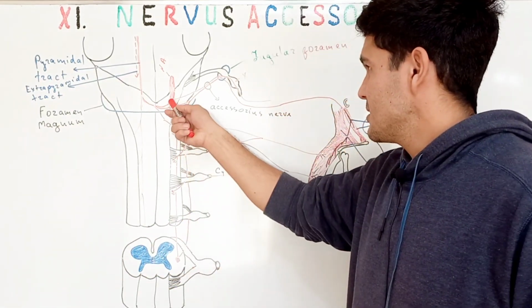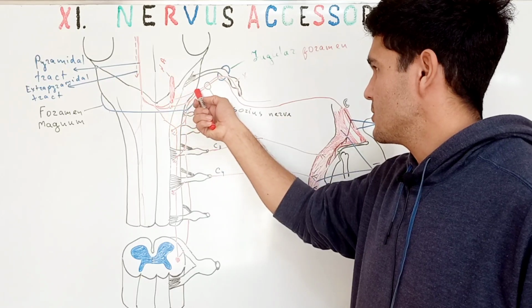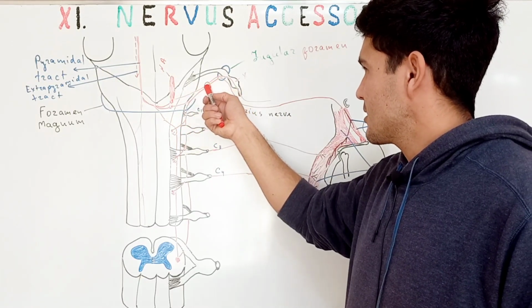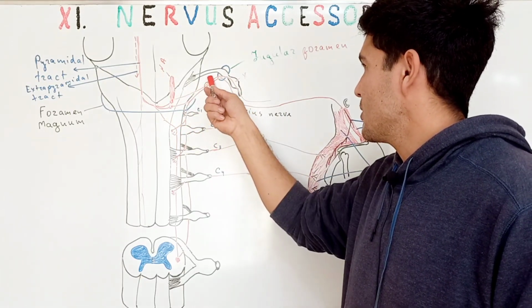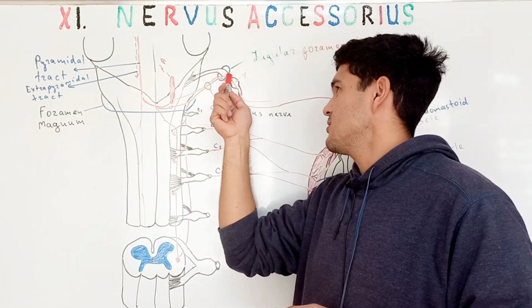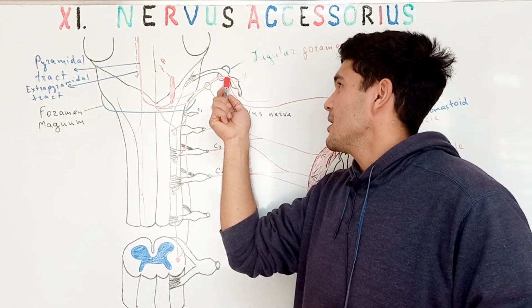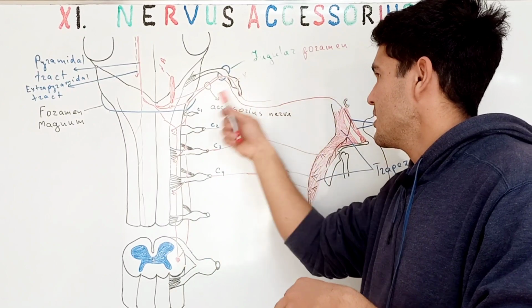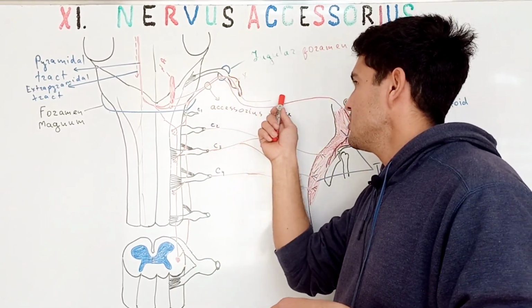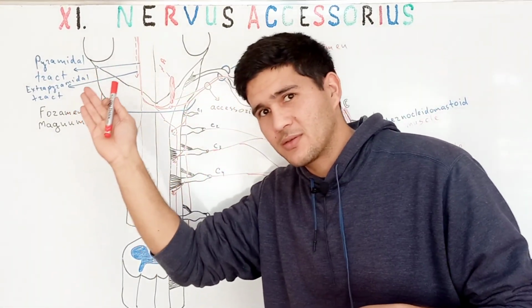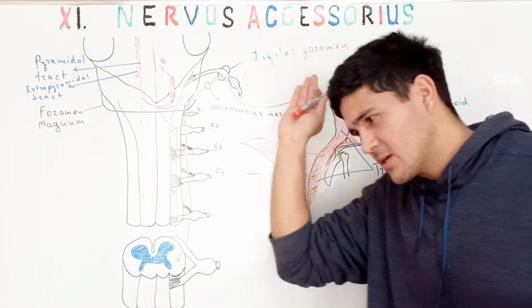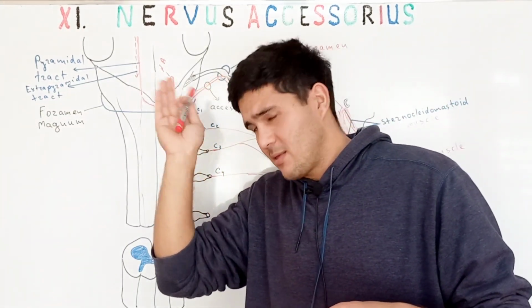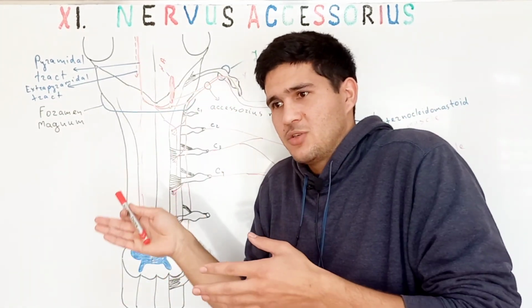Okay, and these fibers will exit from the brainstem and join the accessory nerve, and when they exit from the jugular foramen, they discharge from the nervus accessorius and continue their pathway in the nervus vagus, and its main function is contracting the laryngeal muscles and generating the voice.